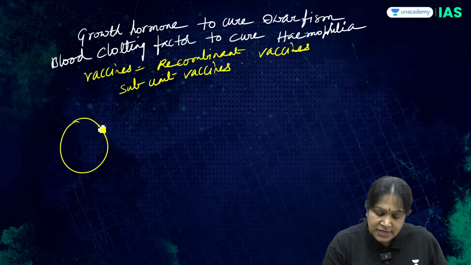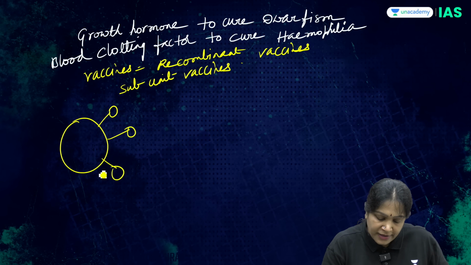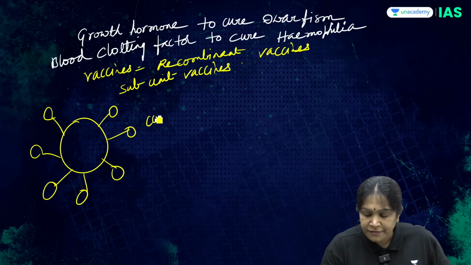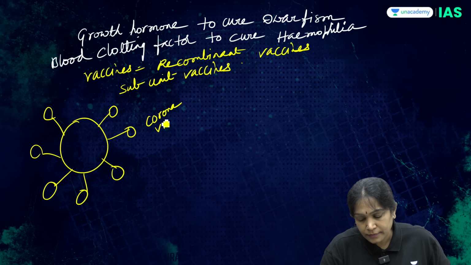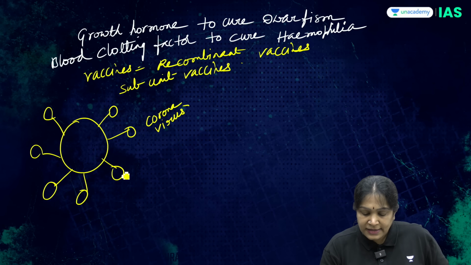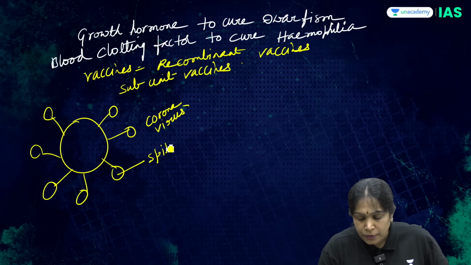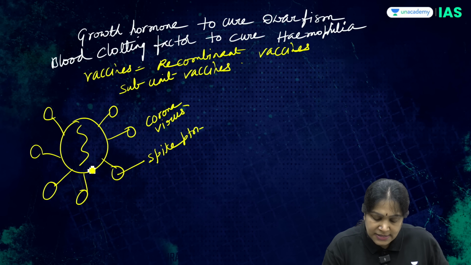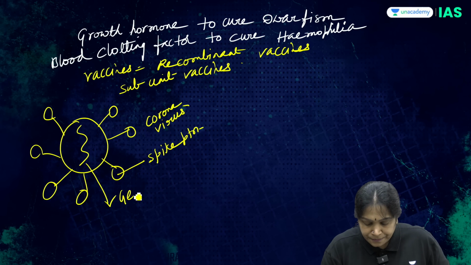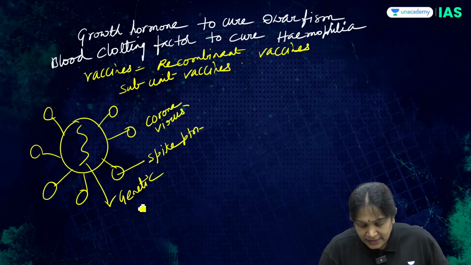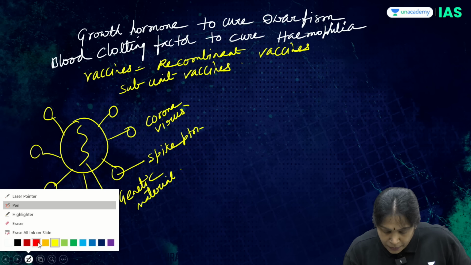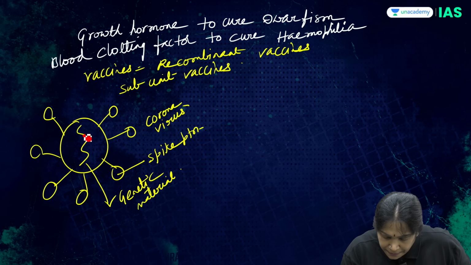Let us suppose this is the coronavirus, and this is its spike protein. And this is its genetic material. Now, on that, let us suppose there is one gene.